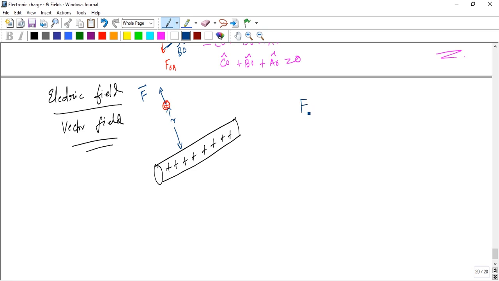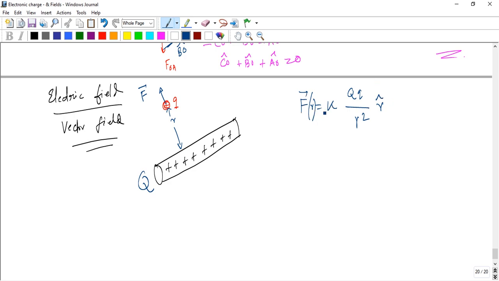We know that for a capital Q charge, there is some constant K, capital Q, and the test charge small q, divided by the separation squared, times r cap, the unit vector, because force is a function of r.